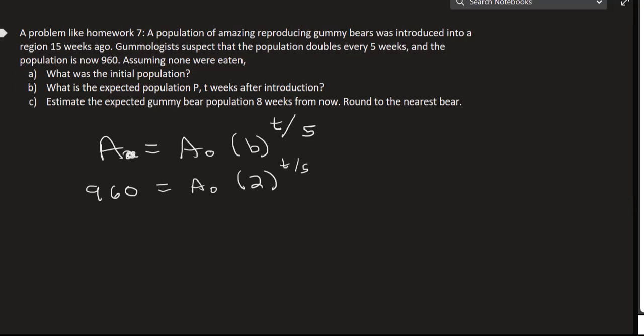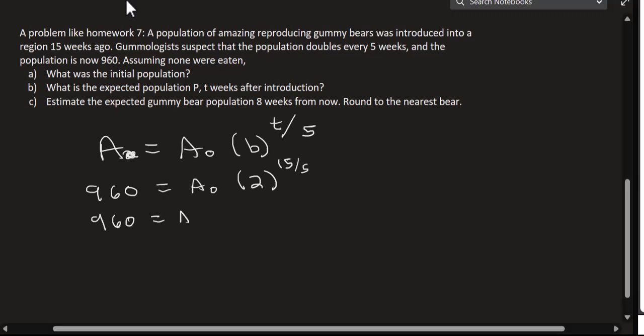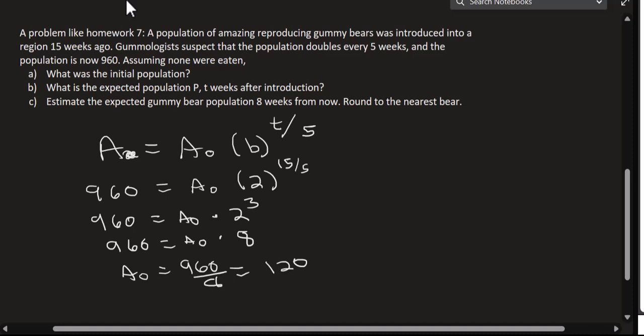But it's been 15 weeks, so our t is 15. And so this is 960 equals a naught times 2 to the 3, or 960 equals a naught times 8, or a naught equals 960 over 8, which is 120. So we started with 120 bears.